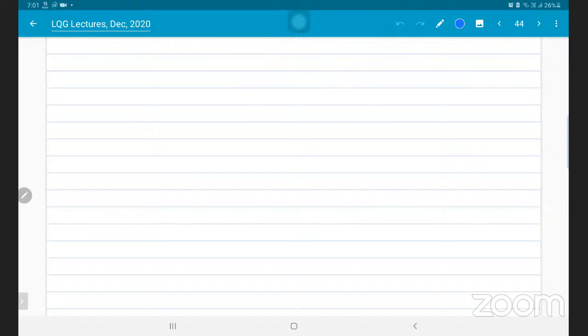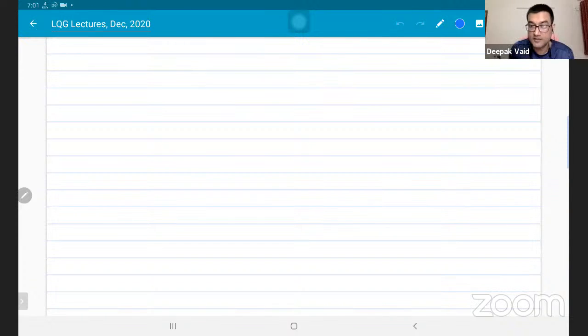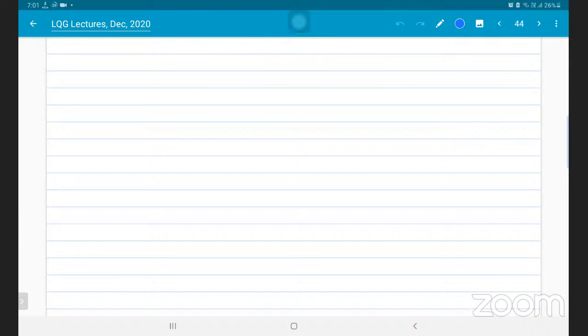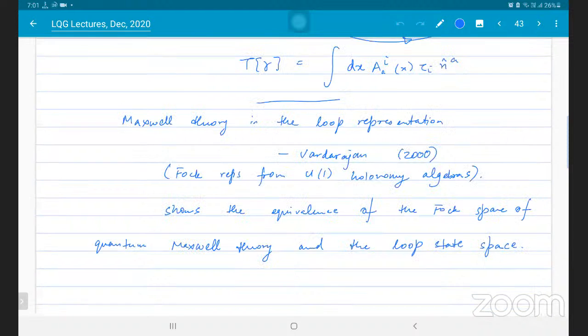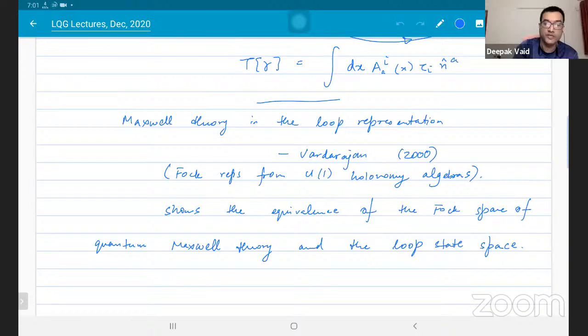Deepak, yes, can I ask you a question? I think I missed what is the Poisson bracket of a tetrad and the connection when the curve is on the plane. Oh, you mean in the degenerate case, right? So that's the degenerate case when the curve lies on the plane.